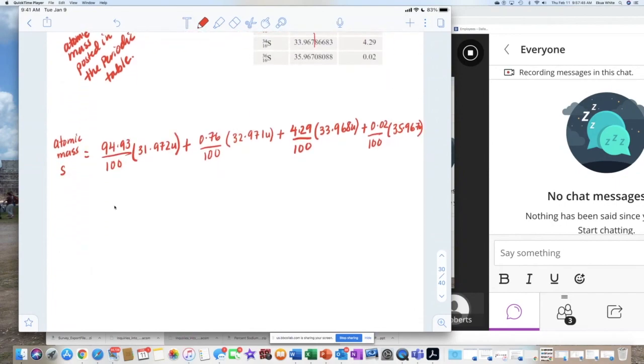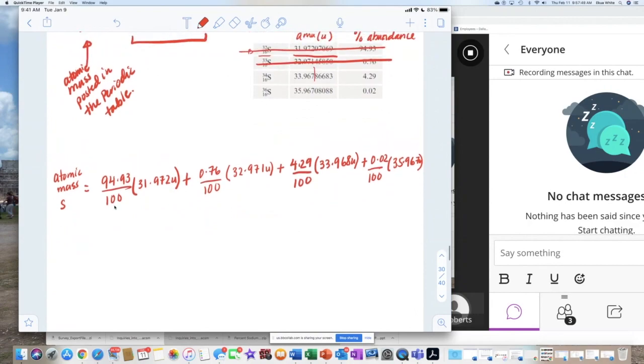Okay, barely made it. Okay, since I had 4 isotopes, as you can see, 4 of these, I had to do 4 setups. Now I'm going to just multiply, add all these numbers, and then see how the atomic mass for sulfur that I just figured out compares to the one in the periodic table. And I have my periodic table right here, so I'm going to compare.